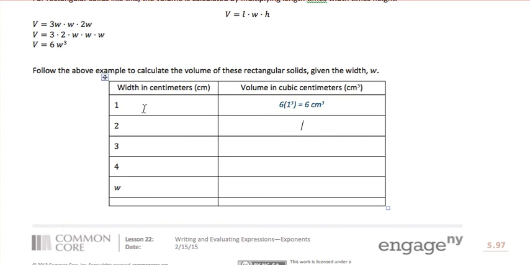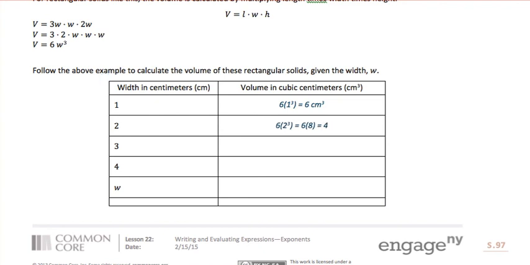Now, if the width is 2, now we have 6 times 2 to the third power. And that is actually 6 times 8, because 2 to the third power is 8.